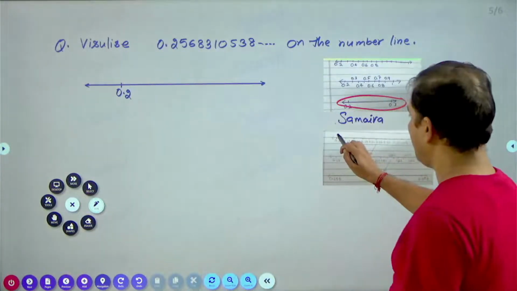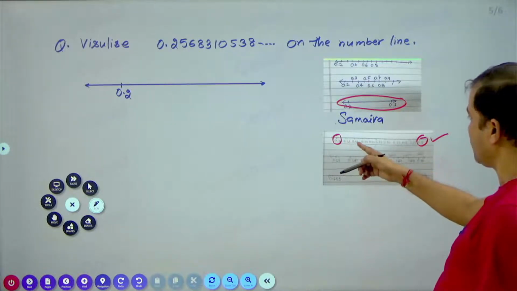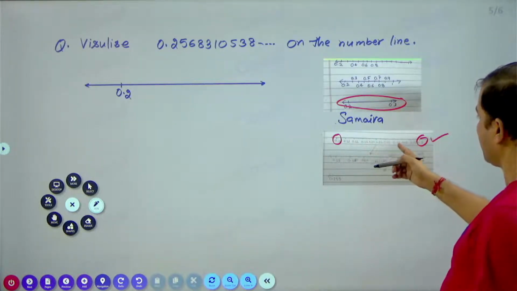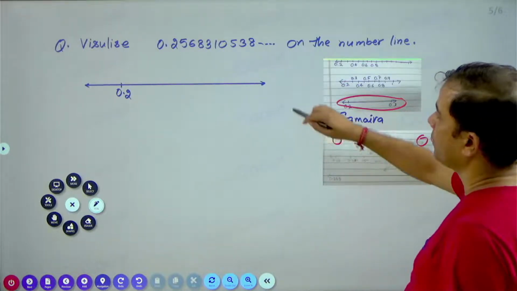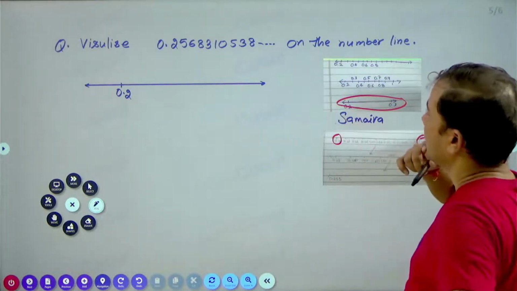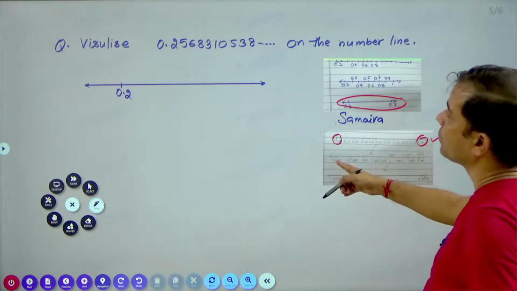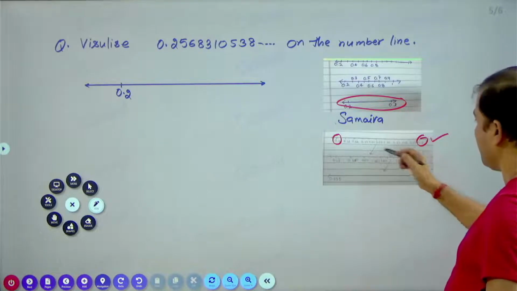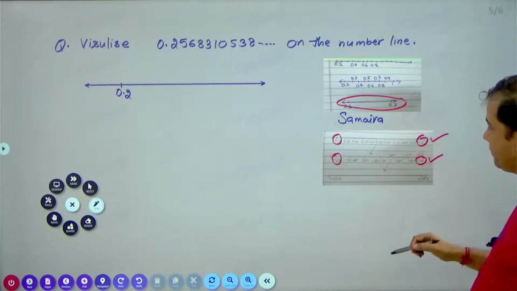You have taken 0.2 and 0.3, that's correct. 1, 2, 3, 4, 5, 6, 7, 8, 9. Okay. Now it is 0.25. More than 0.25, lesser than 0.26. This and this. Again correct.